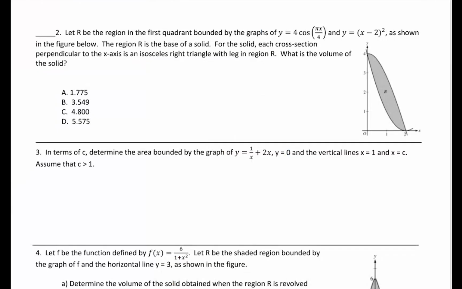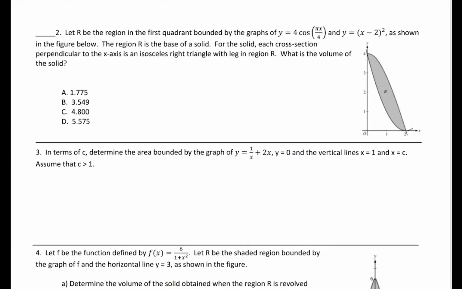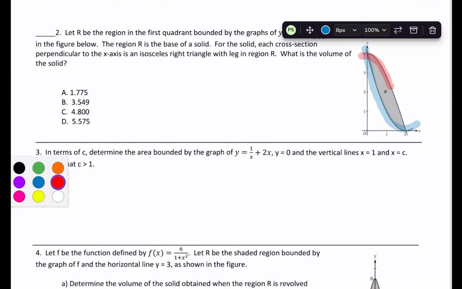So let's go back here and highlight each of these. I'll use the same colors as I had back over here, which is blue for the quadratic. That's going to be the bottom function here. And then I'll do red for the cosine function, which is this top one.